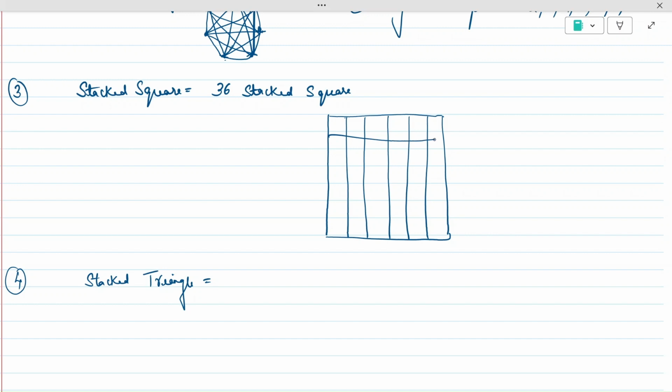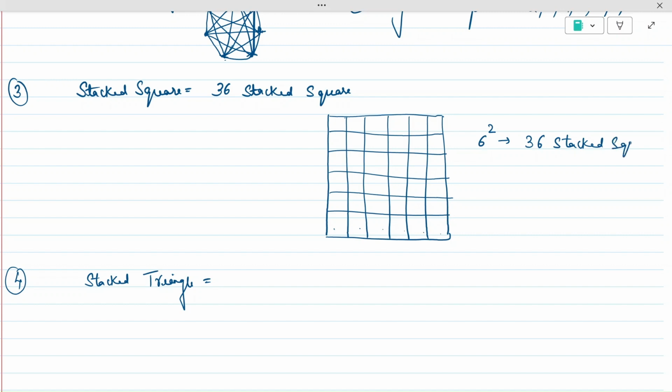So this is 1, sorry, this is 1, 2, 3, 4, 5. So if you count these squares, they are 36 squares. You can also count like this: 1, 2, 3, 4, 5, 6. Same on all the sides. So this is a 6 square, or you can say it is a 36 stacked square figure.